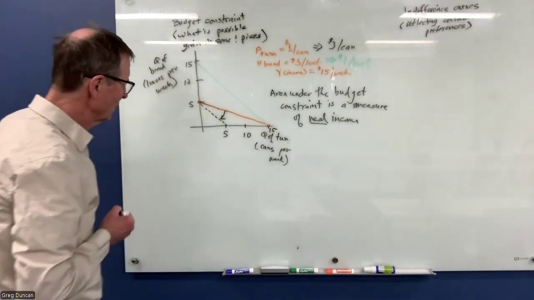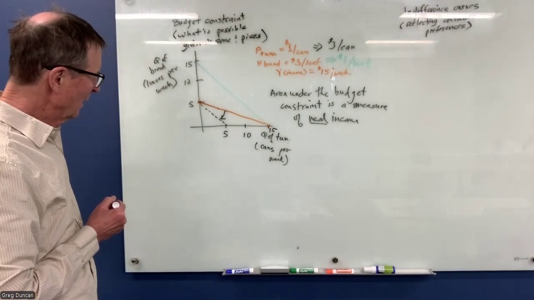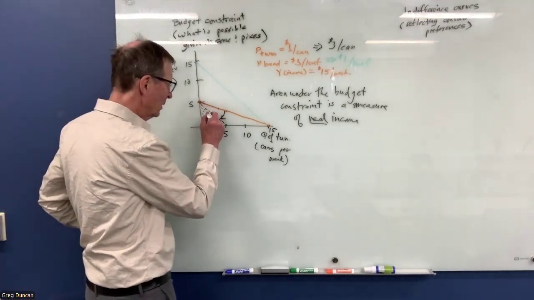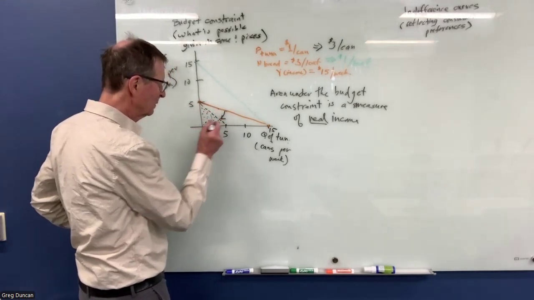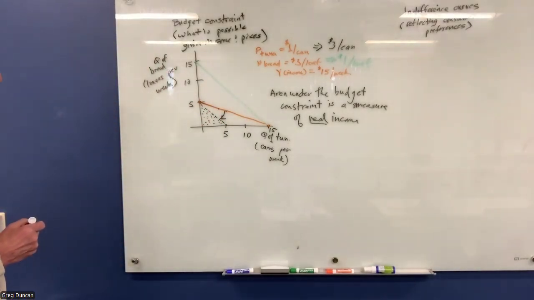If the price of tuna goes up to $3, that budget constraint is rotating toward the origin. And now, if you think about what's happened to real income, possibilities for buying combinations of bread and tuna have fallen. So real income has fallen.